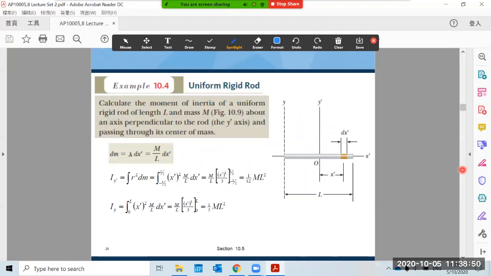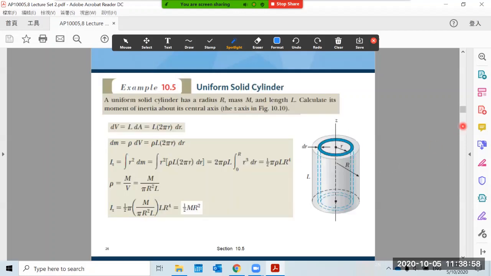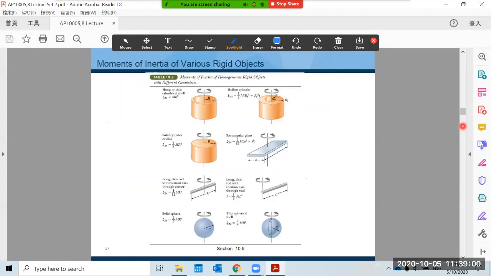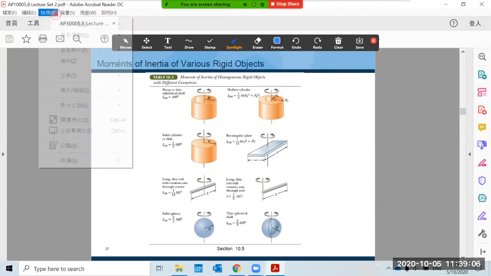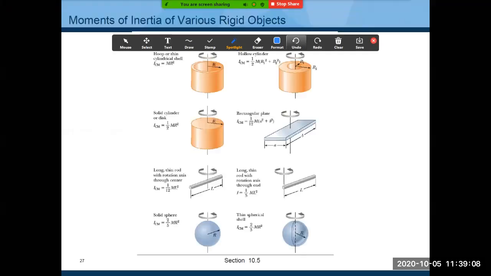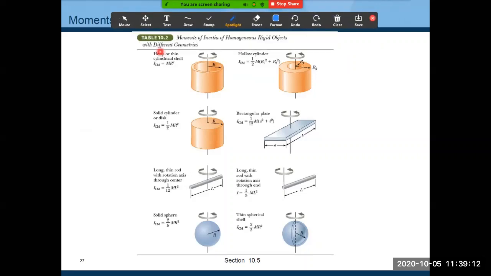In most cases, you would have to do integration in order to find the moment of inertia. For some special situations, we have prepared a table for you to take reference. This table summarizes the moment of inertia for various situations.